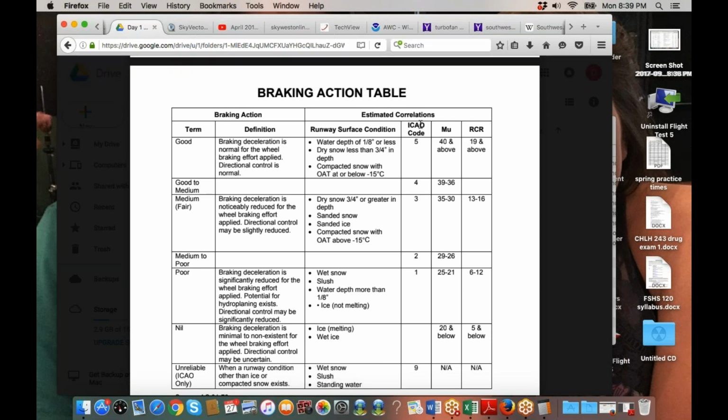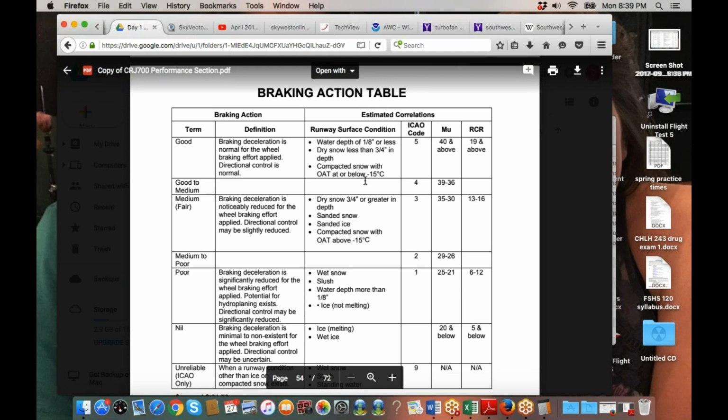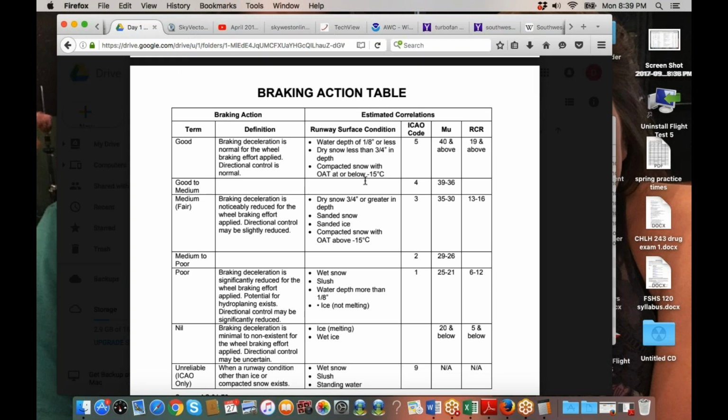So when we have a 5, that typically means the runways are wet. So 5 is water depth of 1/8 inch or less, dry snow less than 3/4 of an inch, compacted snow with outside air temperature at or below -15 degrees. So that can be a 5.